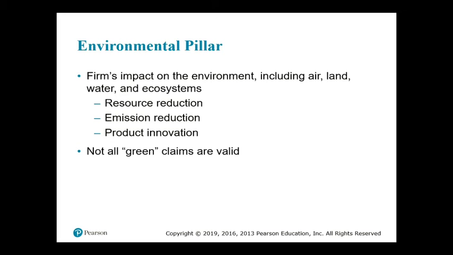So for example, LED light bulbs would be a product innovation that GE or some other company are implementing, which is also corporate social responsibility that is achieved as an environmental positive impact through the consumption of customers.